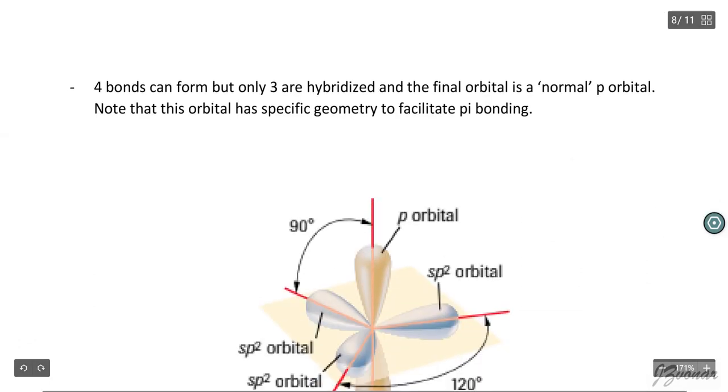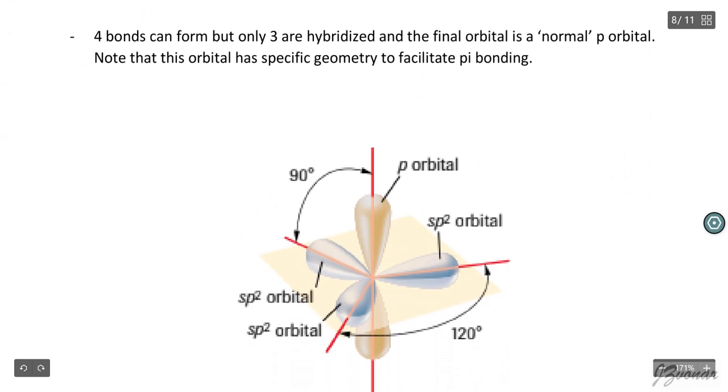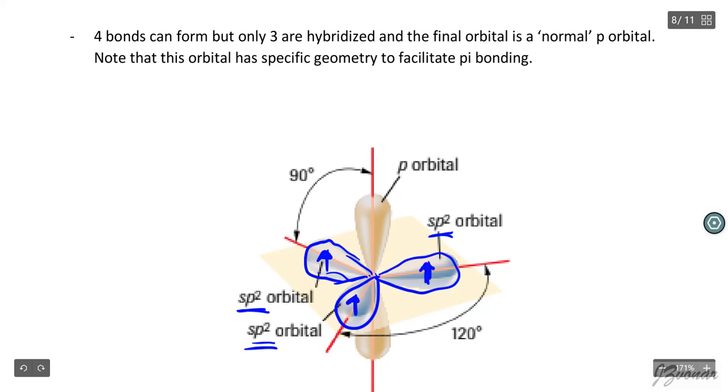Now we can take a look at this visual diagram of what is actually happening. Here in the blue, these three are our sp2 orbitals. In each one of them there is an unpaired electron, which can be involved in bonding.